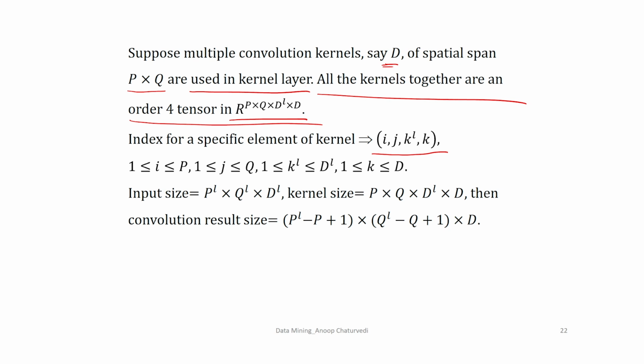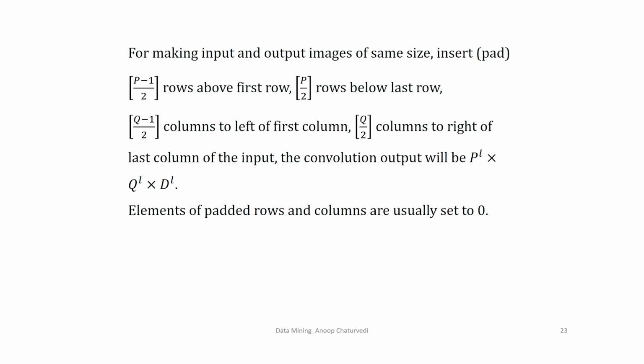And then this is the input size PL cross QL cross DL, and this is your kernel size, and finally you get the convolution result, which is of the size PL minus P plus 1 cross QL minus Q plus 1 cross D. Now, suppose you want to make the input and output images of the same size.